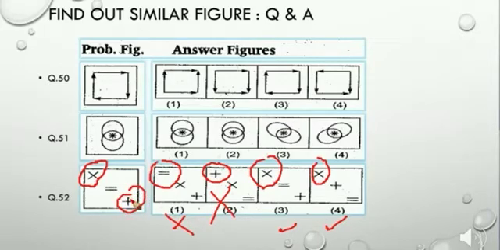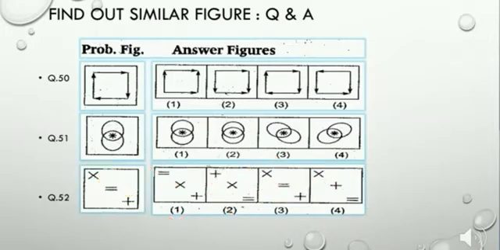This is a plus sign, so let's check whether a plus sign is available at this place. In option 3, yes, it is available. In option 4 it is not available because there's an equal to sign, so option 3 is exactly similar to the given problem figure.